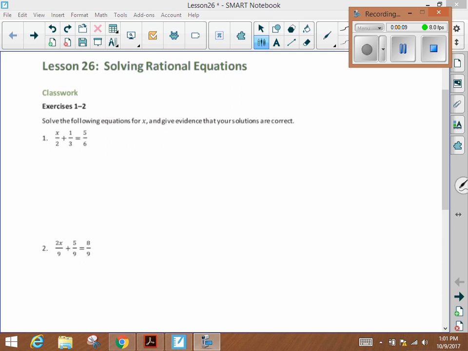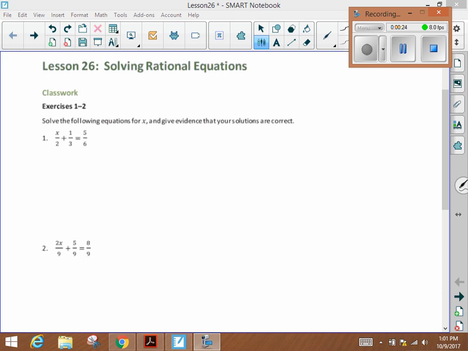Right? So we're solving rational equations. What that means is that we're dealing with equations that have fractions in them, and particularly fractions in our denominator. We won't start with that.